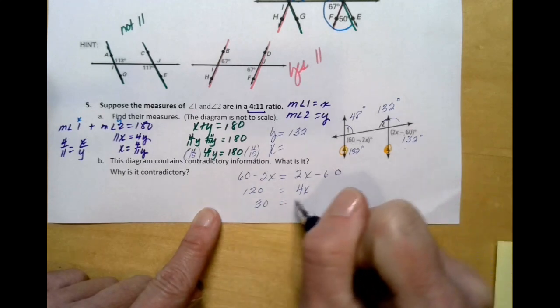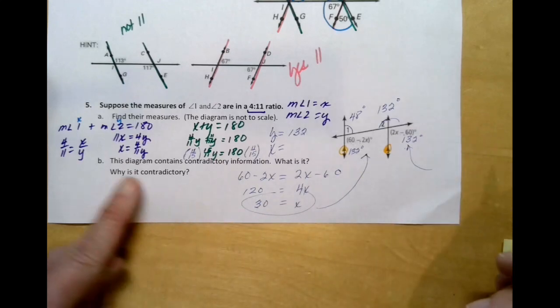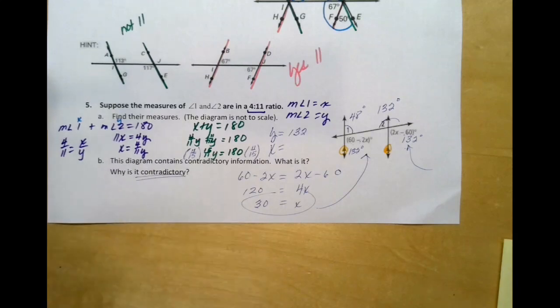And when I put this back in, I ended up with some pretty ridiculous things, because I ended up getting zeros. So I can use that relationship to solve for those angle measures, but it's a crazy problem because we have that contradictory information. How about that for a challenge?